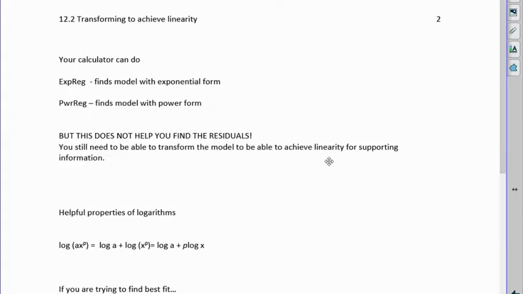Your calculator can also do exponential regression and power regression, and those don't help you find the residuals. However, and I probably should have told you this earlier, the calculator actually finds your residuals automatically.